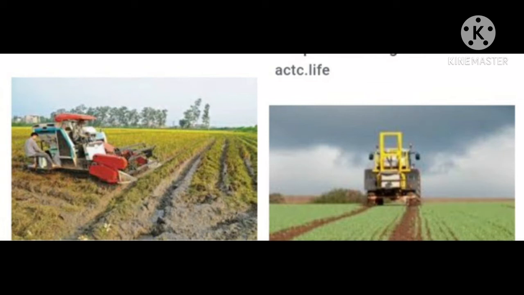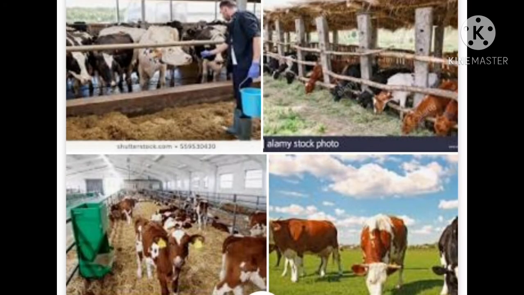Let's take information about allied activities in agriculture. First, animal husbandry. Rearing different animals and obtaining various products from them for subsistence is the core of animal husbandry.